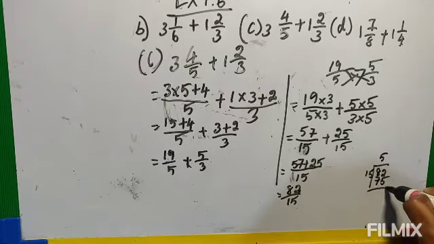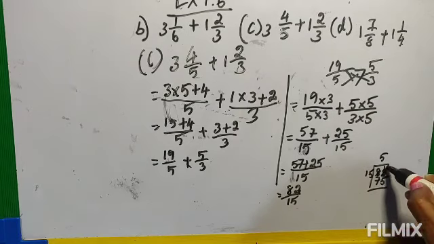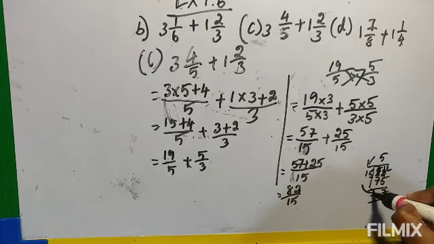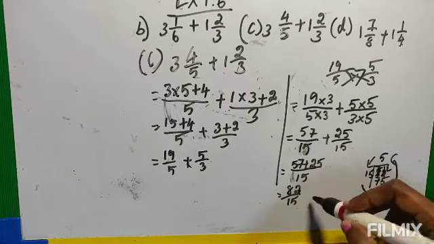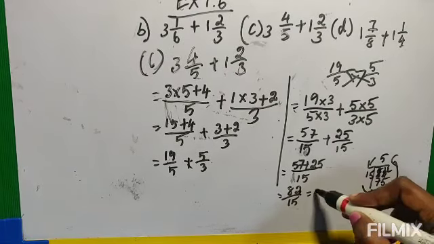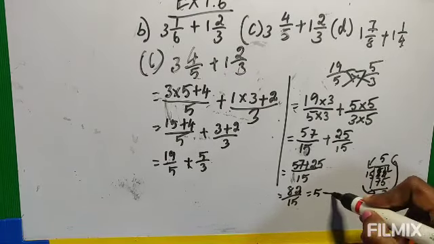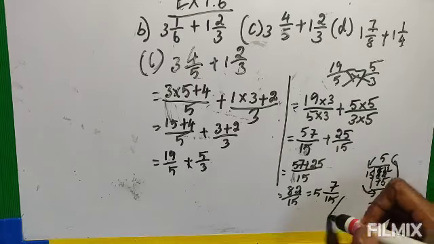Subtracting, you get 7. So 5 goes to the side, 15 goes down, and 7 comes up. So 5 7 by 15. This is the answer.